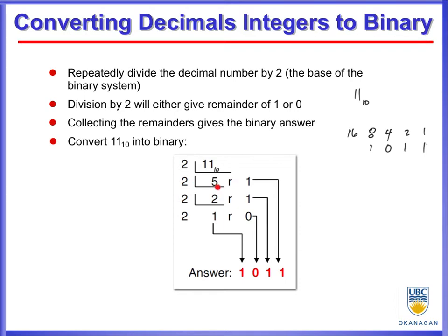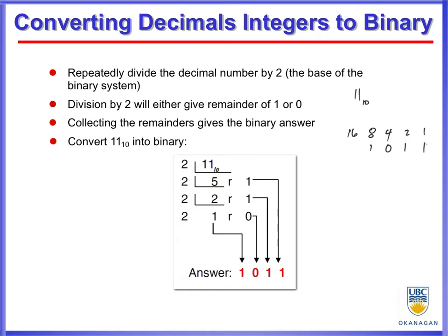We then divide 5 by 2. 5 divided by 2 is 2, again with a remainder of 1, since 2 times 2 is 4, and 5 minus 4 gives us another remainder of 1, so that becomes our next digit. 2 divided by 2 is 1, with a remainder of 0, so this 0 is the next digit. Then we can't divide 1 by 2 anymore, so that becomes our last binary digit.